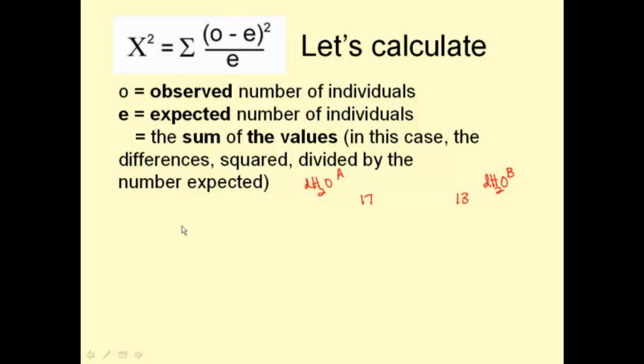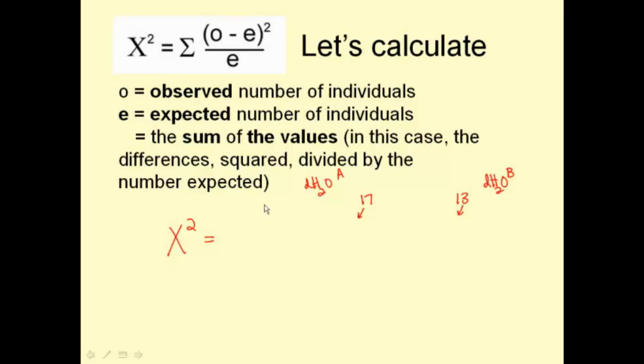So what we would do is we'd say chi-squared equals, and that sigma sign is the sum of the results, and we have to factor in our side A results and our side B results.